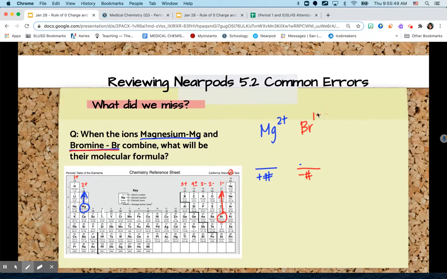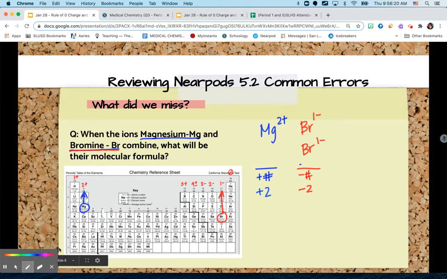Since Br has a smaller number, Mg is positive 2 right now, and Br is just negative 1. But if I add one more Br, then I get negative 2, or 2 minus, and here I get 2 positive. They're the same number but opposite. Essentially, now I figured out my formula.